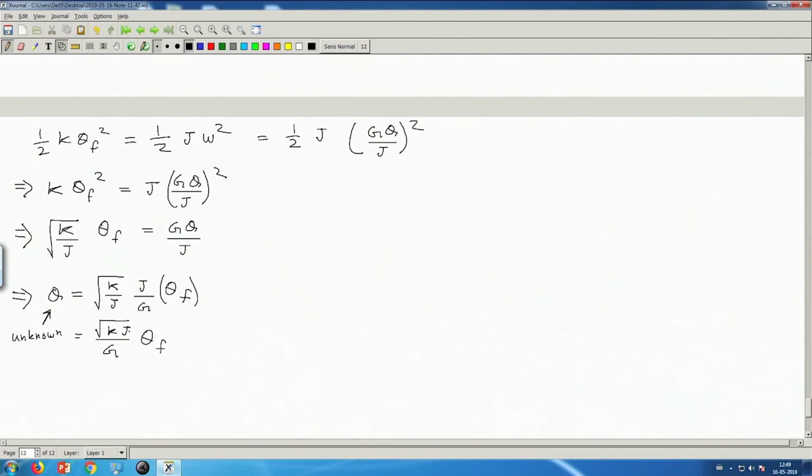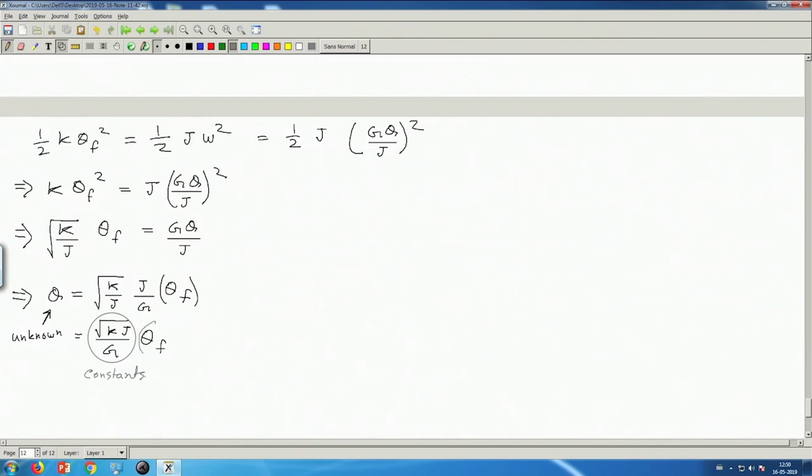All these terms K, J and G are constants for a meter. And theta f is the maximum angle to which the pointer or the coil moves. Okay. So, we can measure this, we can observe this.